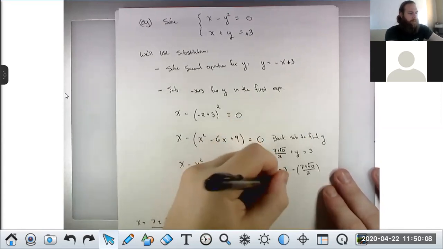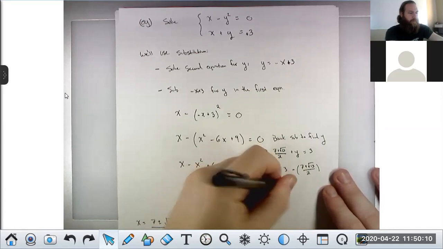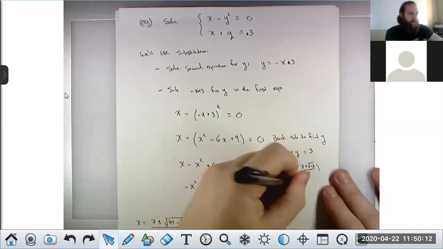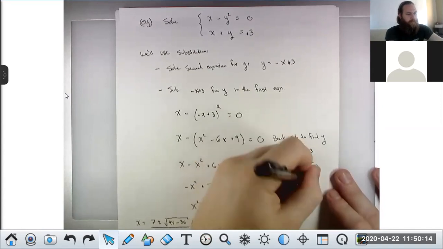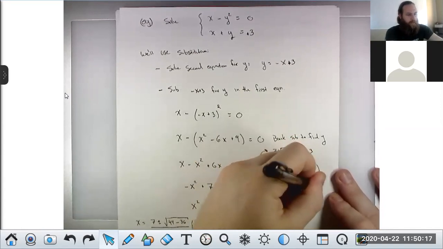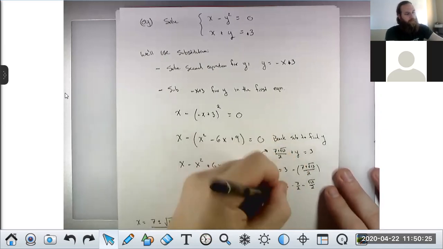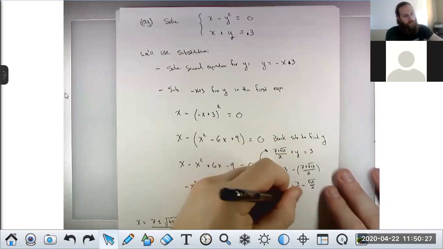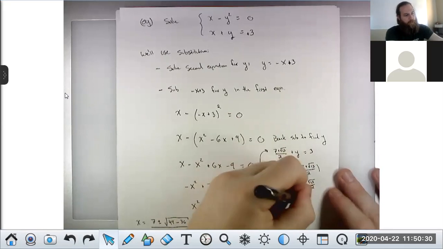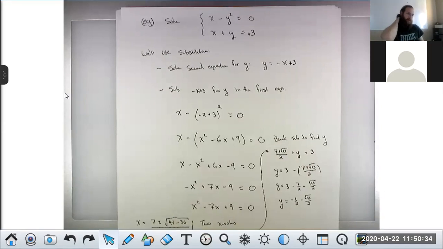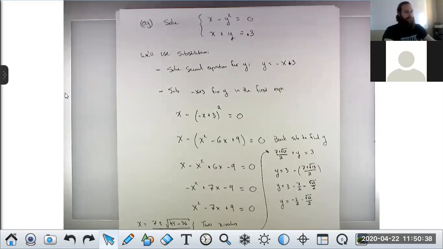That's y equals 3 minus 7/2 minus the square root of 13 over 2, and you can put these together. 3 is the same as 6 over 2. So 6 over 2 minus 7 over 2 is negative 1/2. So this is negative 1/2 minus the square root of 13 over 2. So one of my solutions is this comma this.